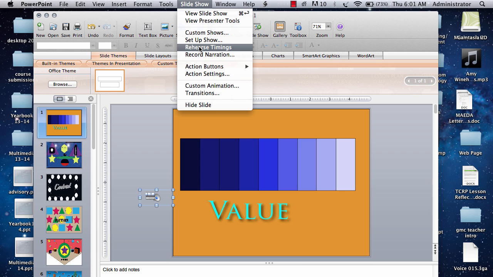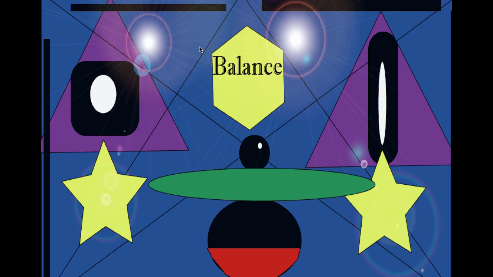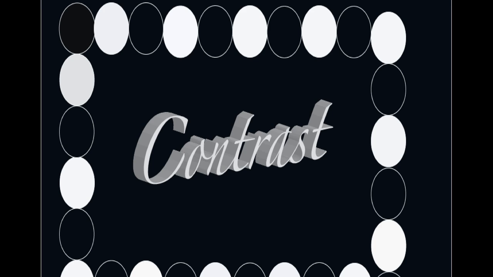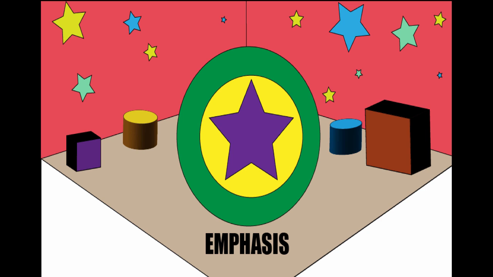So here's how that looks. I just hit the arrow key. Got my music playing. I'm going to make sure there's enough time to see. Probably about 2 to 3 seconds per slide.